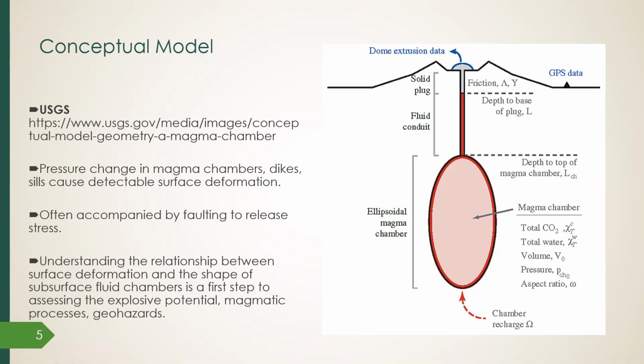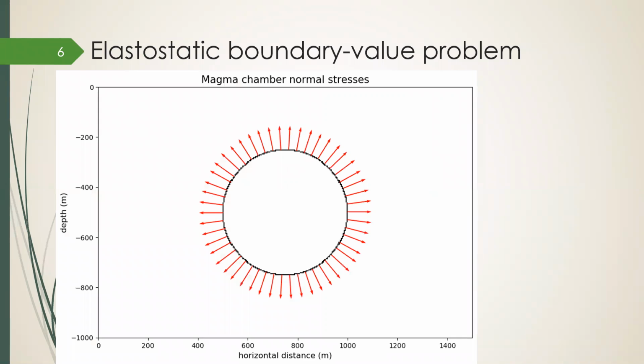Okay, so enough talking about this conceptual model. Now let's talk math. All right. So how can we formalize this problem of, for now, forward modeling surface deformation from pressure change, uniform pressure change in this case, inside a chamber.